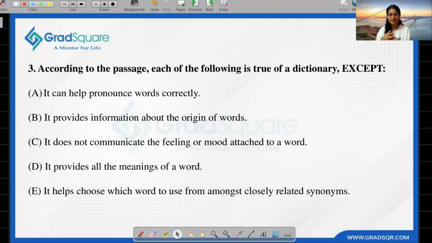So this option is exactly the opposite of what the author is discussing. So option choice E is untrue. That's why option choice E is the best answer for this question. So the answer for the last question is option choice E.